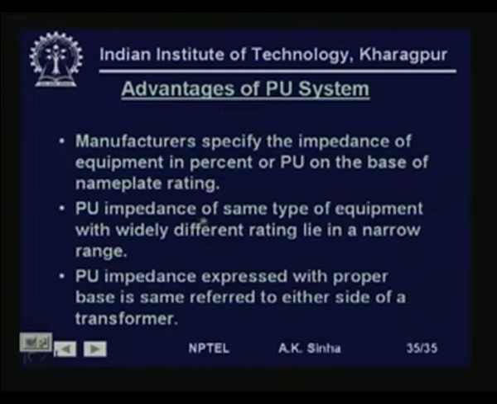The per unit impedance of the same type of equipment with widely different ratings lies in a narrow range. That means, for generators, for a thermal generator, the value of the synchronous impedance will be of the order of 0.8 or 0.9 per unit.